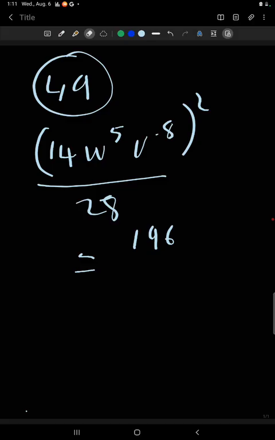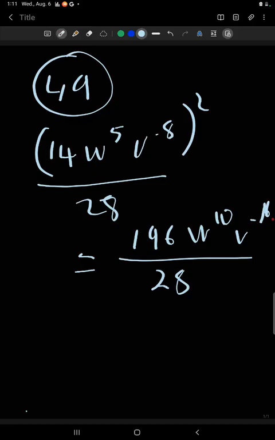14 squared, and then w to the 10, okay, w to the 10 power, and then v to the negative 16. Right? Now that divided by 28. And if you divide 196 by 28, you get 7.